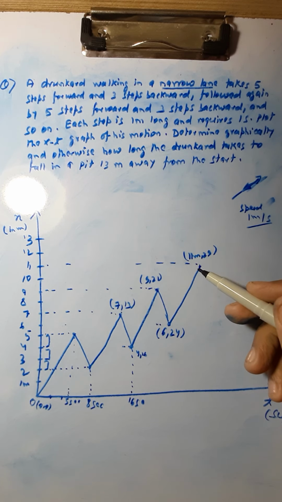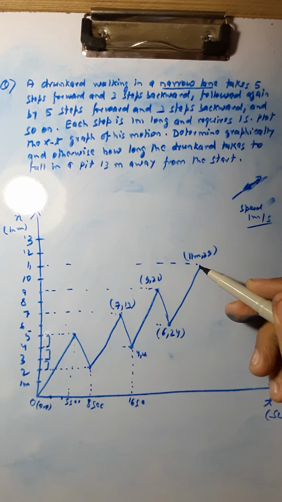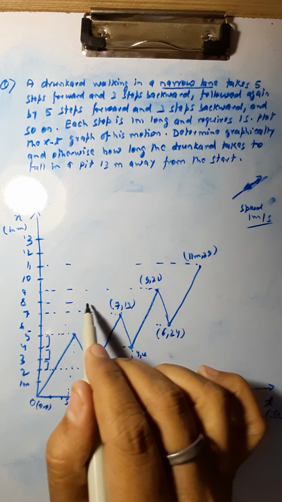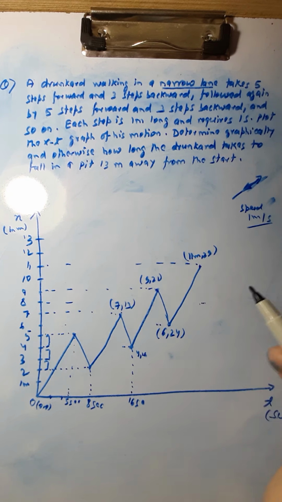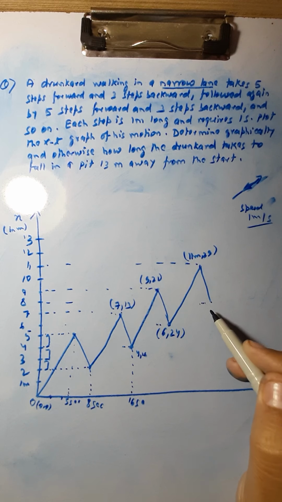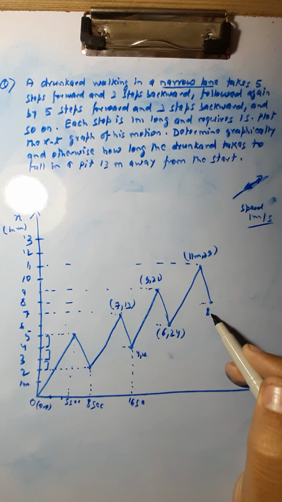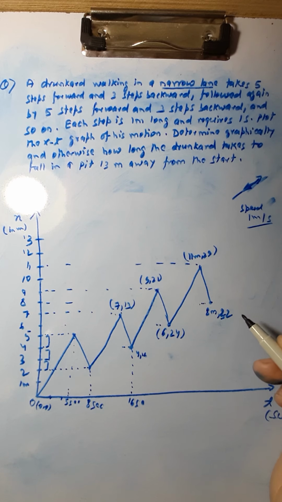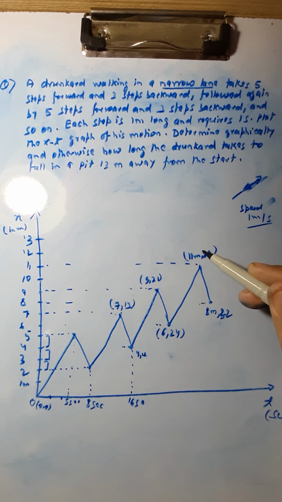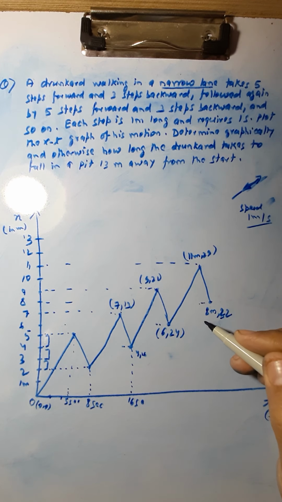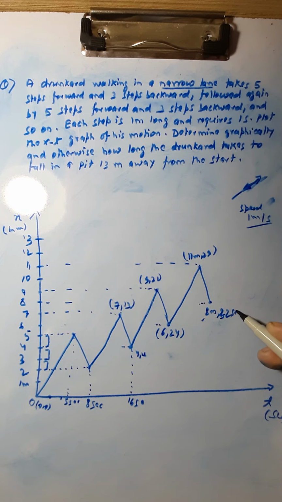And from here he will again take 3 steps backward, so he will be at 8 meter at 32 seconds. Since he was at 11 meter at 29 seconds, he took 3 steps backward, so he is at 8 meter at 32 seconds.